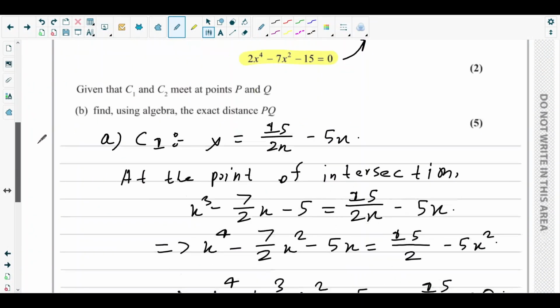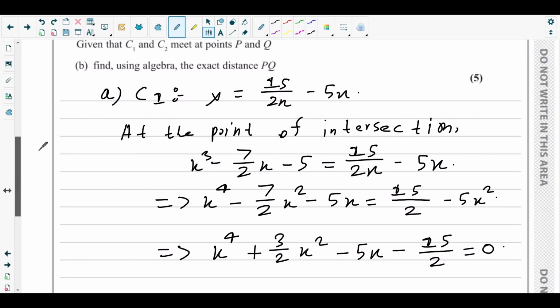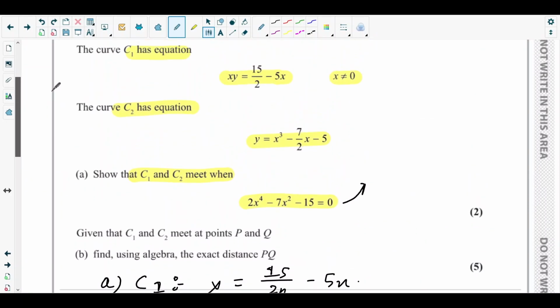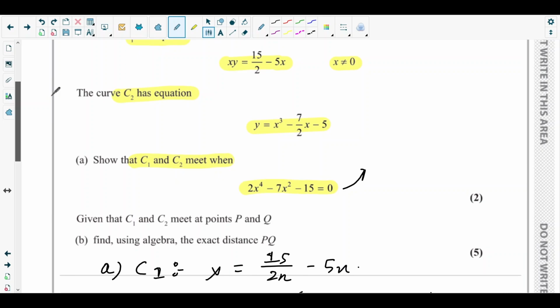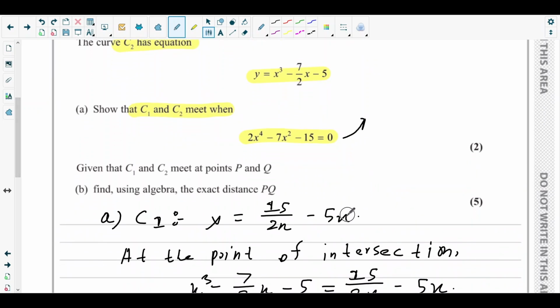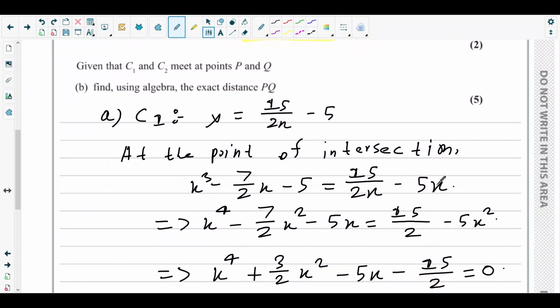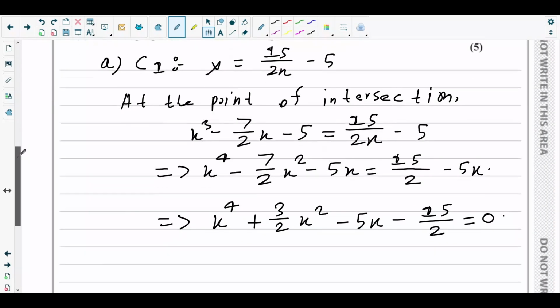Okay, they got minus 15. Oh, okay, it would be 15 over 2x minus 5, just minus 5. So if you multiply both sides by x, you will get minus 5x. That's why.